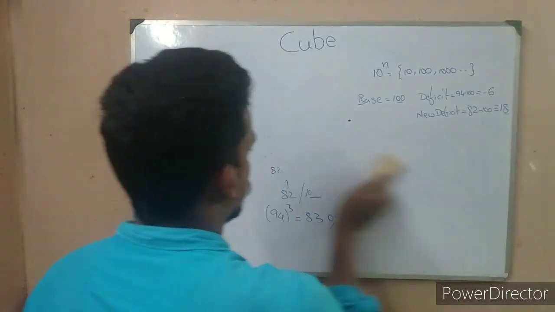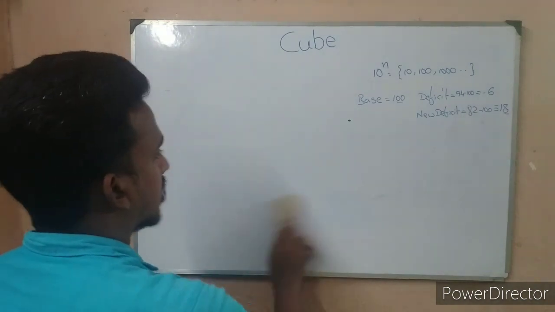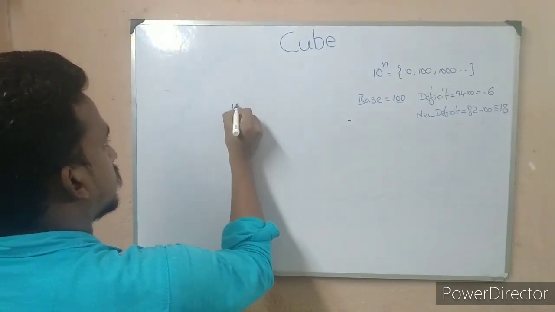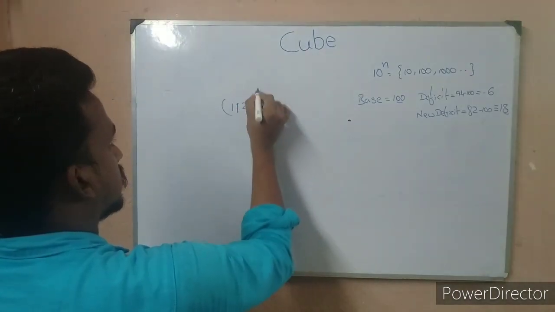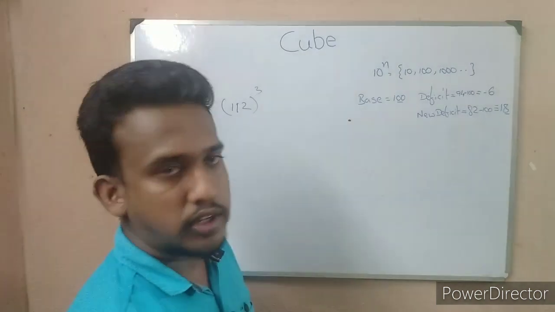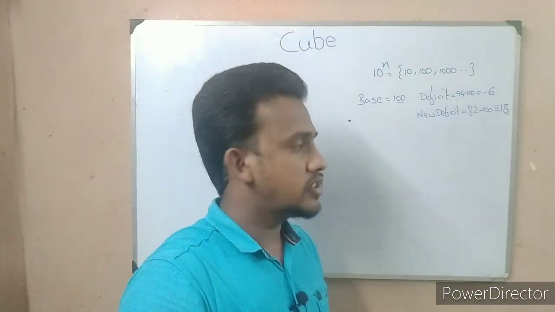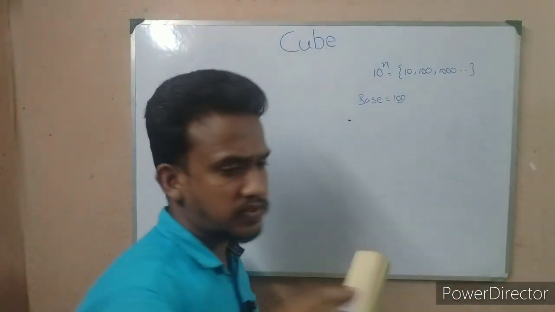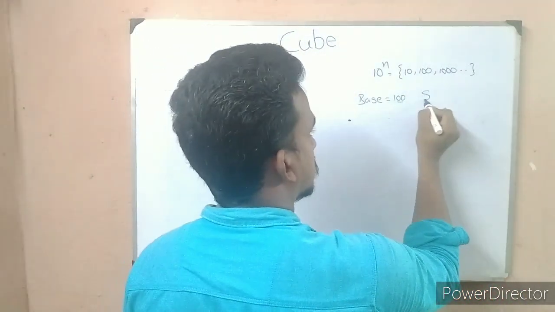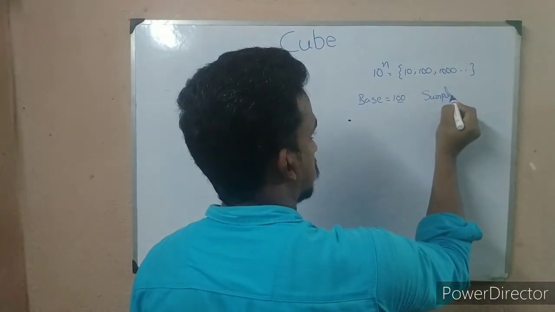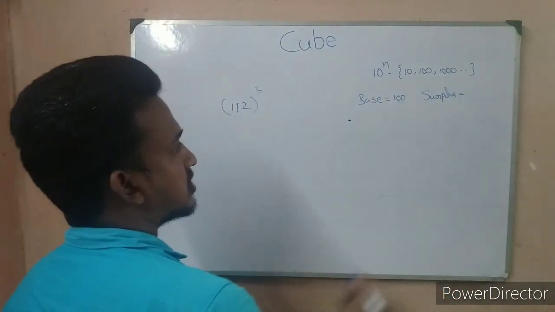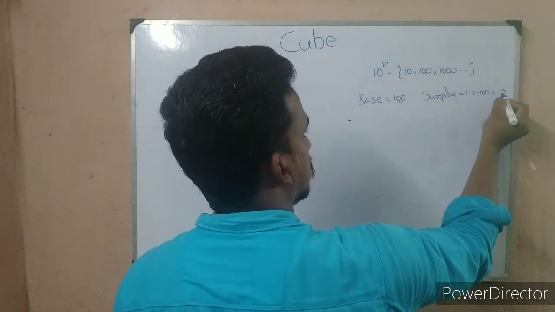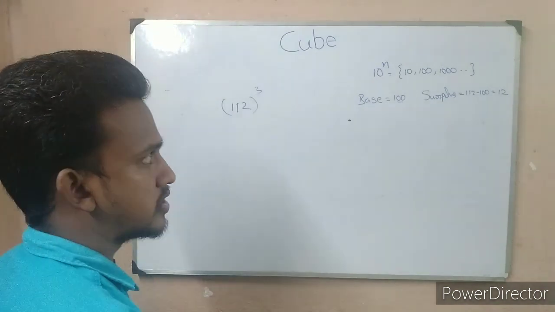And what if we have to calculate bigger numbers, like 112 cubed? Here we will get a surplus, not a deficit. The base will remain 100, but we get a surplus. 112 minus 100 is plus 12, the surplus.